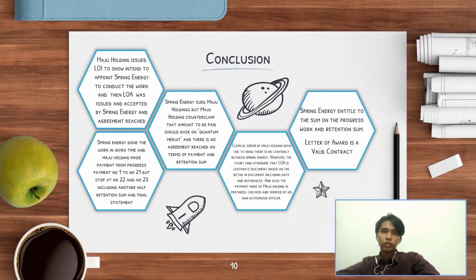So after that, the court found Spring Energy entitled to the sum of the progress work and the retention sum, because Maju Holdings failed to prove Spring Energy was not entitled to the claim. From what I can see, Maju Holdings just wants to avoid or postpone the payment and maximize its profit.